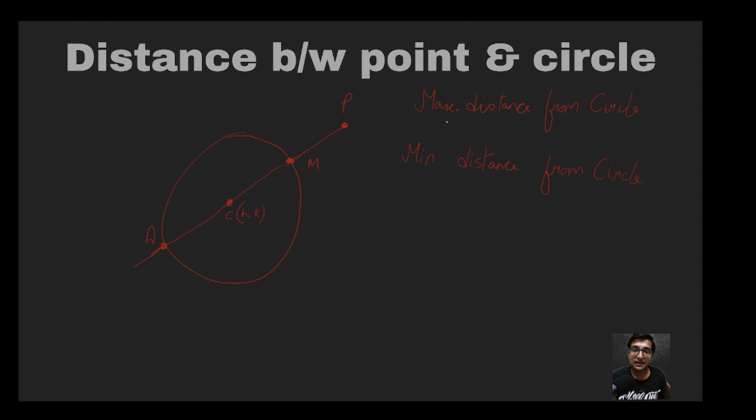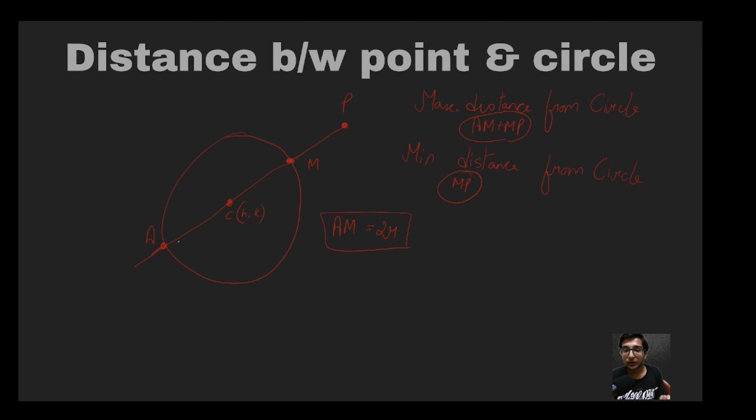So from here we can say that the maximum distance from the circle is AM plus MP, and the minimum distance is simply MP, and AM is nothing but 2r.